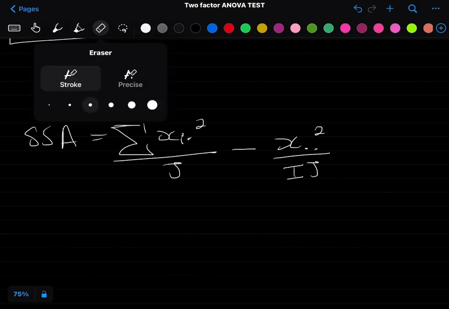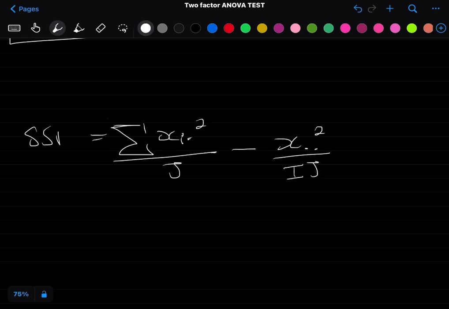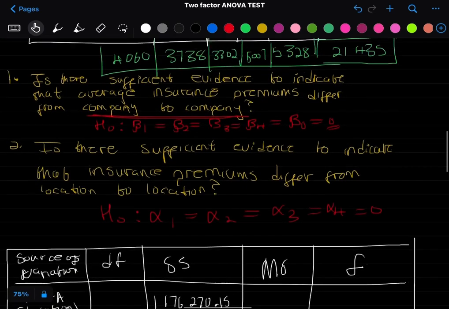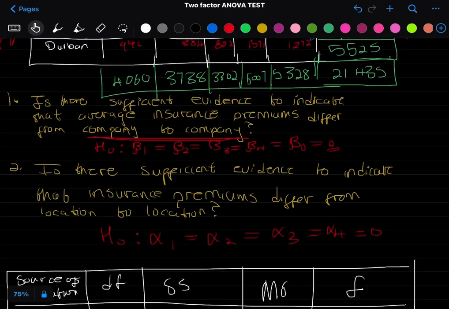Now let's find the sum of squares for factor B. This one is dot j. Note that this doesn't change, it's still the same. Now this changes to i. So now we are going to square the column sums and sum them.